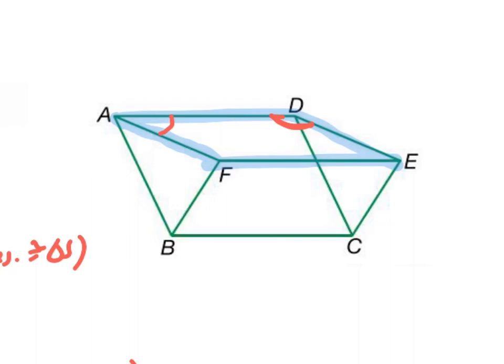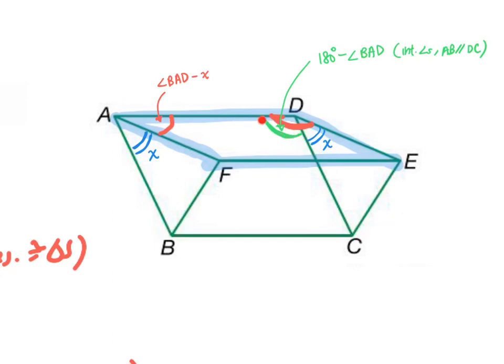But how? It may be very challenging to present your answer, so try to have an analysis first. Because of the congruent triangle, you can say these two angles are both x. And then the red angle here can be written as angle BAD minus x. And then you can look at the green angle here. You can say this angle is equal to 180 degrees minus angle BAD.